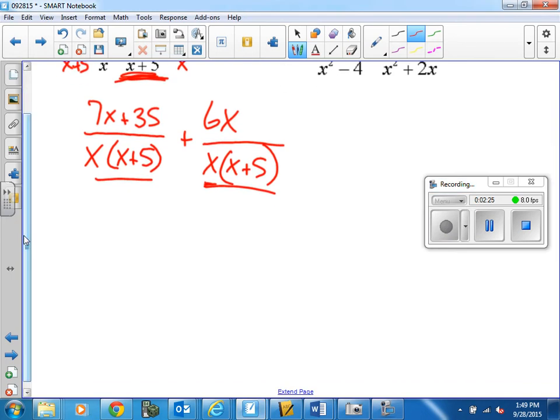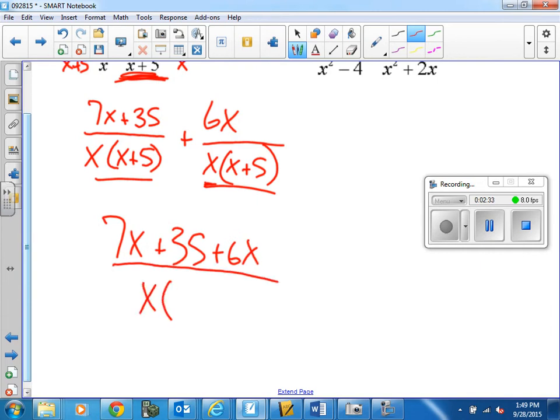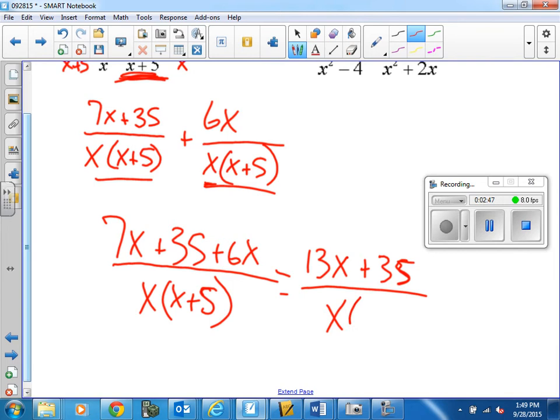So now I'm going to write it all above one denominator. So 7x plus 35 plus 6x all over x times x plus 5. Alright, and that will give you 13x plus 35 all over x times x plus 5.